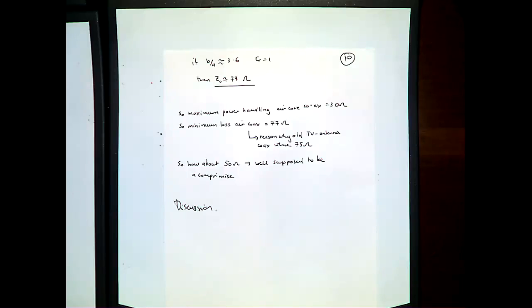So now we've got a dilemma. 30 is maximum power, and 77, or roughly 75 as far as engineers are concerned, is the characteristic impedance which gives us minimum loss. Well, where does the 50 come from? The 50 comes from, hey, we want somewhere between maximum power and minimum loss, so let's just choose somewhere in the middle.